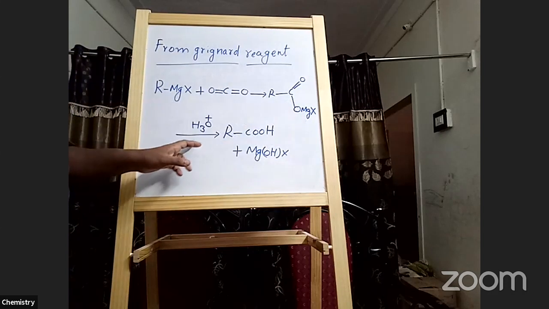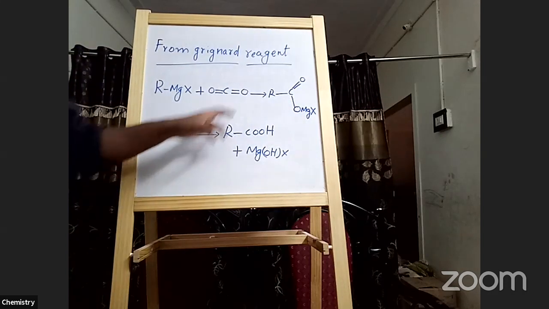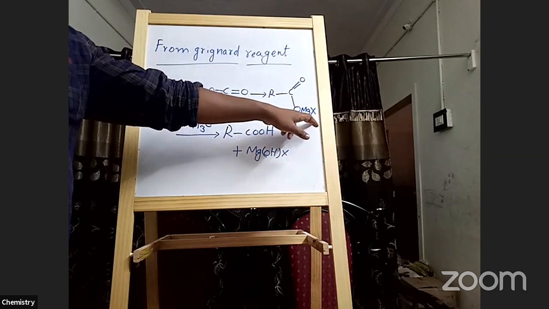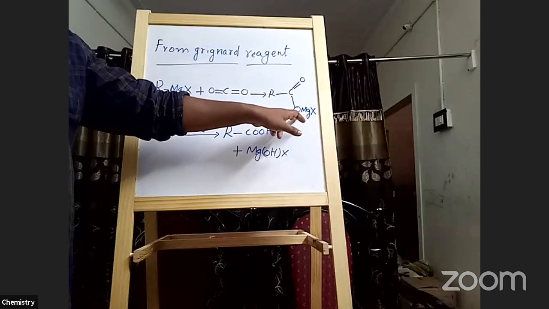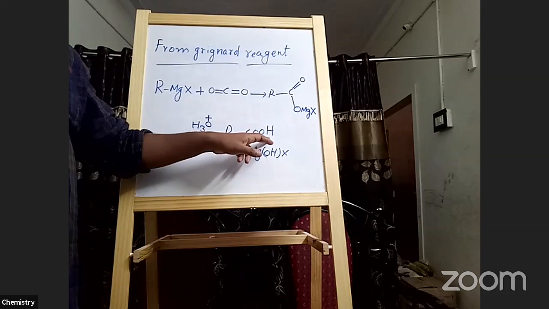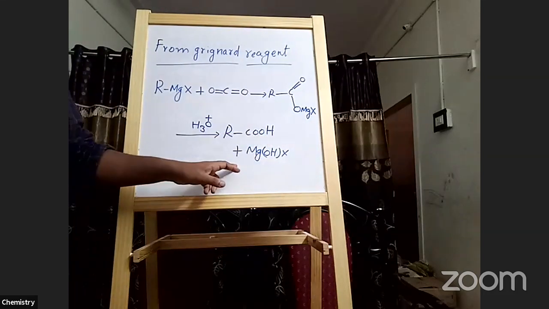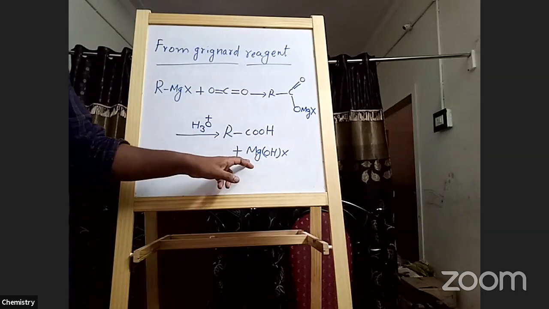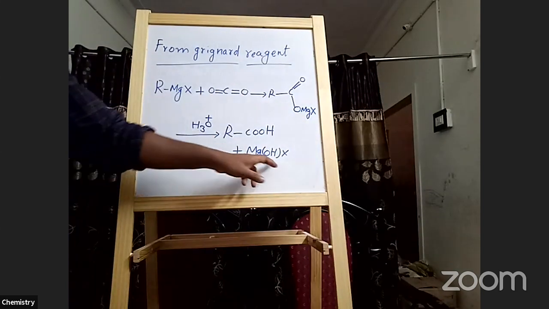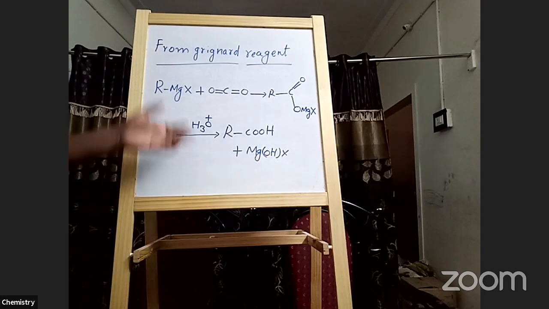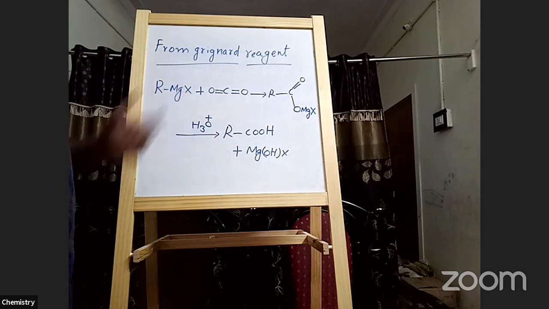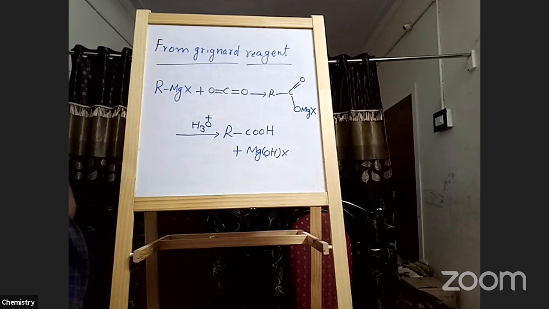Then on further hydrolysis, MgX takes OH and is released, and oxygen takes hydrogen. Then it converts into RCOOH, and what remains is MgX, where Mg takes hydroxide, and MgOH is released. So this is the preparation of carboxylic acid from Grignard reagent.